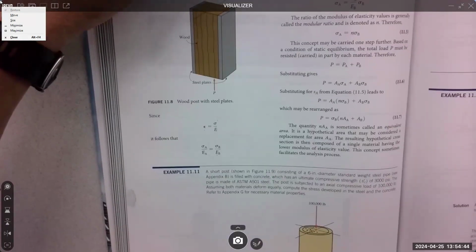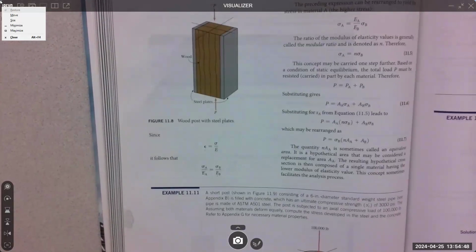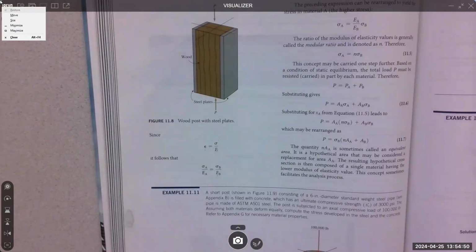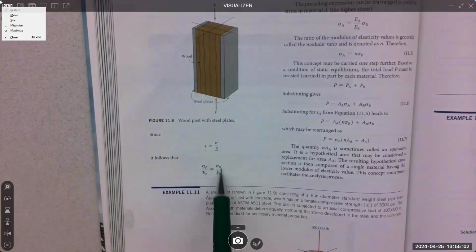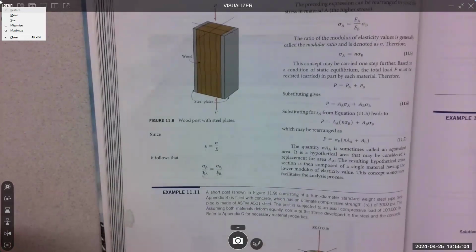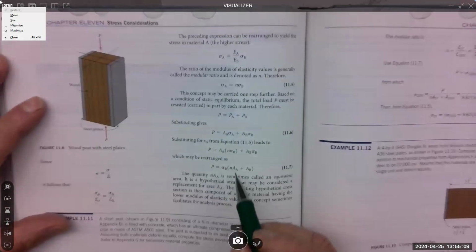This is what honestly mathematicians do. Or if you're wondering what a master's in engineering would do for you, it's this kind of thing. Thinking through, if it changes and the strains are the same, then we can extrapolate that into the stresses being equal to their moduluses, and then boom, they're walking through the whole thing until they get to here.